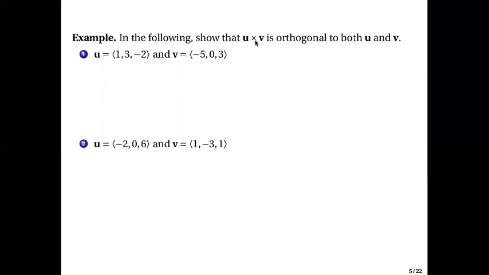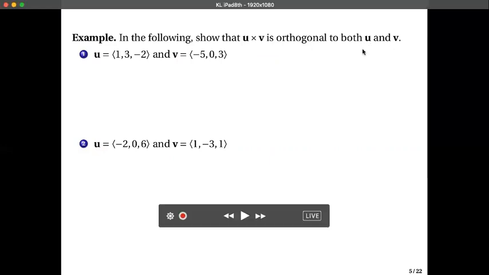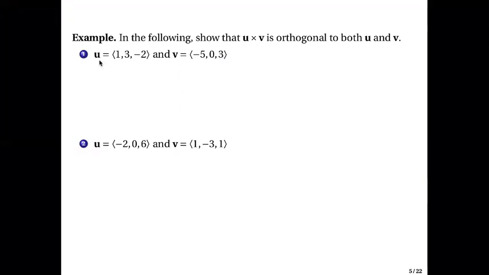More precisely, we want to show that the cross product U cross V is orthogonal to both U and V. These are the vectors that we are going to use, and for these examples we actually did the cross product already, so let's just copy the cross product there.